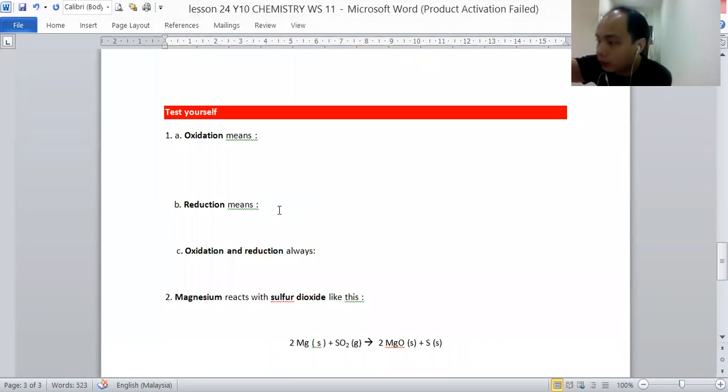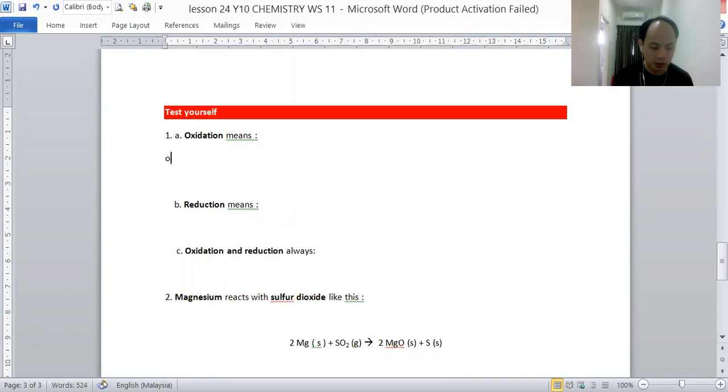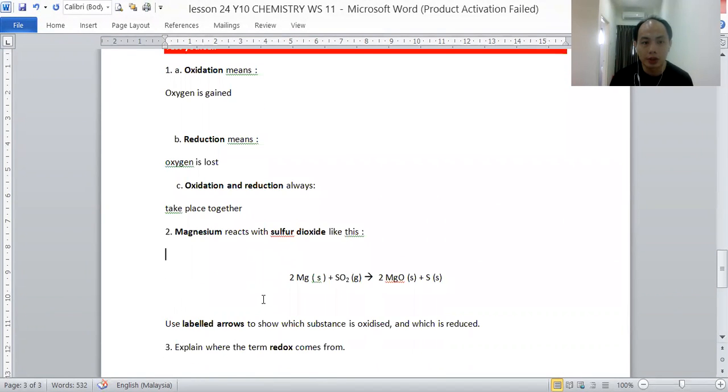Okay, test yourself. Oxidation means what? Oxidation means oxygen is gained. Reduction means what? Reduction means oxygen is lost. Oxidation and reduction always happen together, or take place together. And these are just revision only.